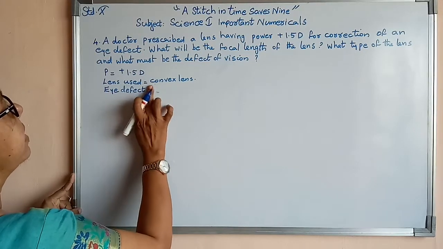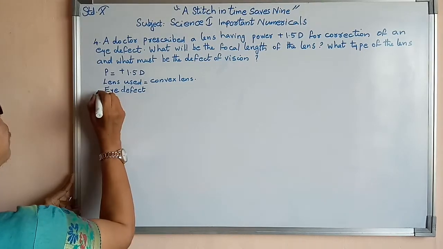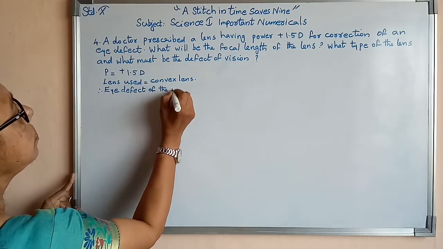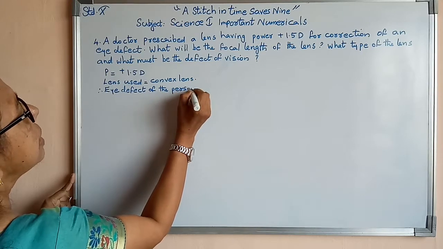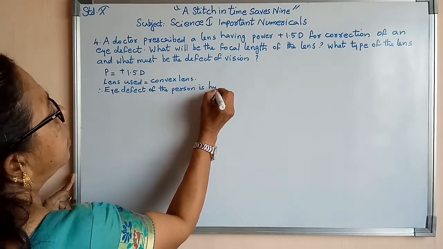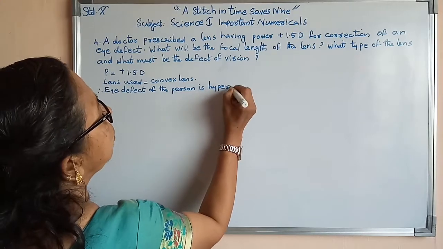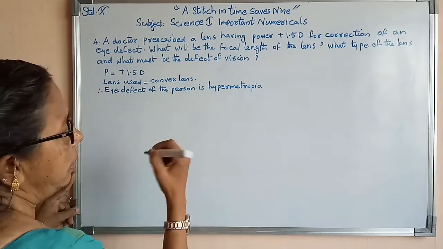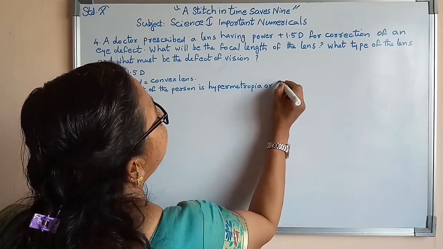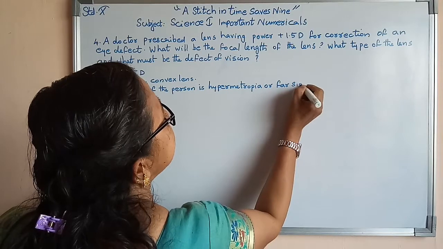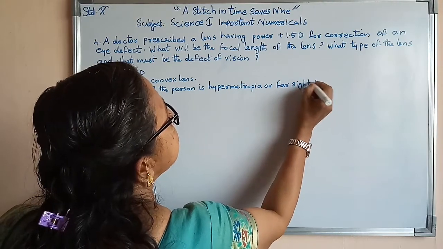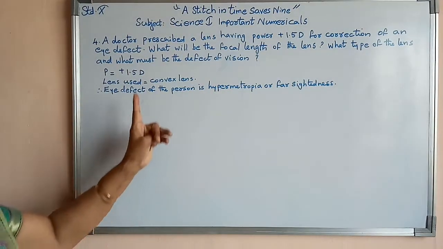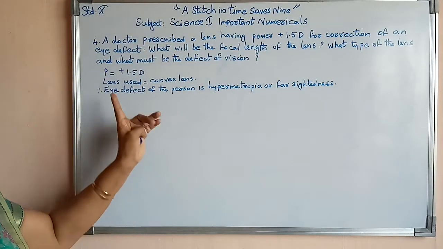hypermetropia. We can write in a sentence: therefore the eye defect of the person is hypermetropia, or we can write far-sightedness. So two questions' answers we have got now, that is which type of lens is used.